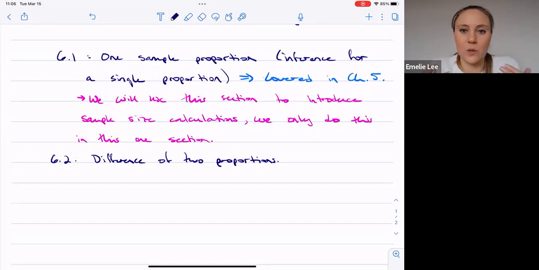Next day we're going to start this, and I'm guessing it's going to take us all week. Now we have two samples and we want to compare the two proportions. It's all in the name, but when you first hear it, it's not that obvious.